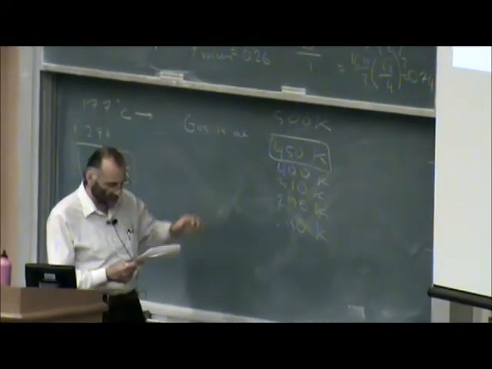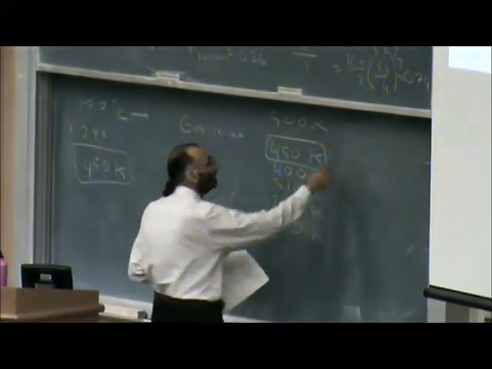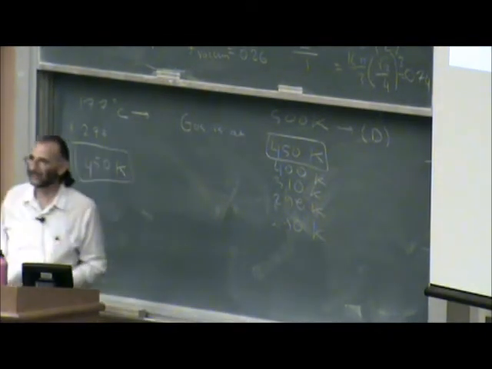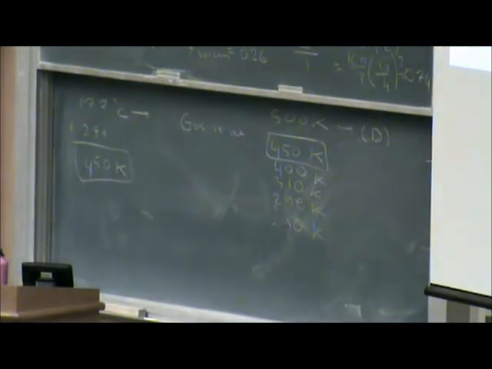So that should be 500, and 500 is gas D. Right? Everybody got it? It's a little bit hard to process, isn't it? So you have to be careful. If you do it this way, I think it's pretty easy to do. Right? Everybody got it? Okay. Otherwise, it gets really busy with this.